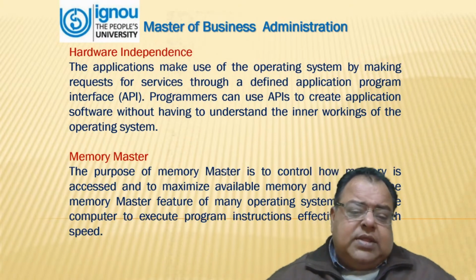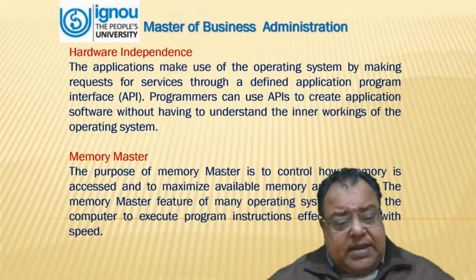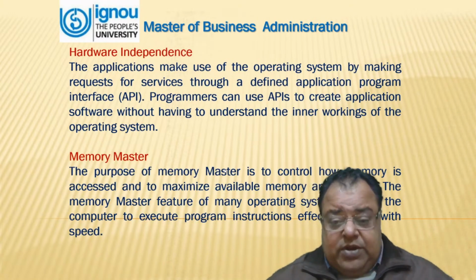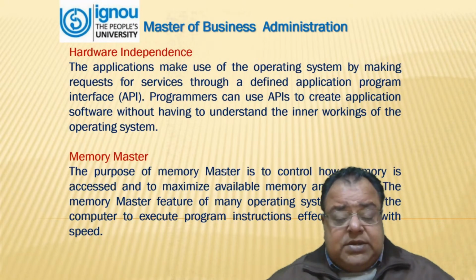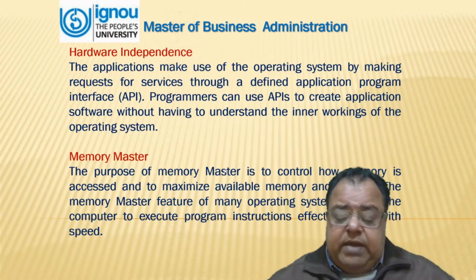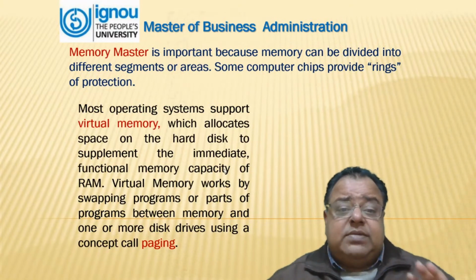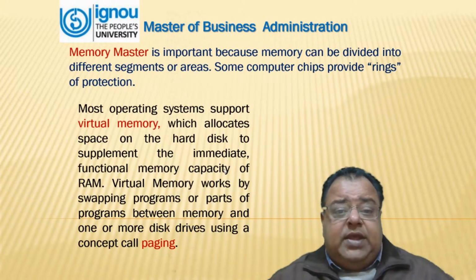Memory management. The purpose of memory management is to control how memory is accessed and to maximize available memory and storage. The memory management features of many operating systems allow the computer to execute program instructions effectively and with speed. Memory management is important because memory can be divided into different segments or areas.